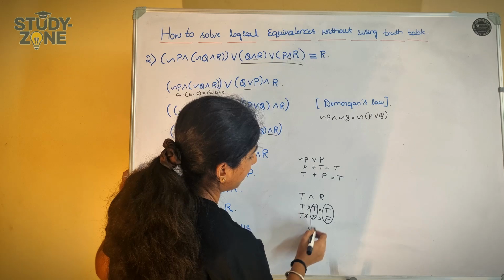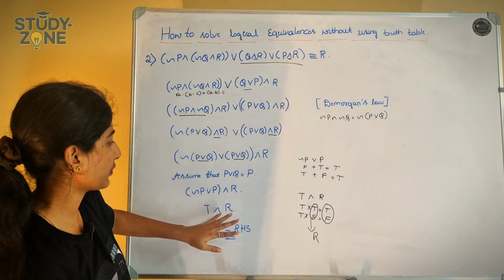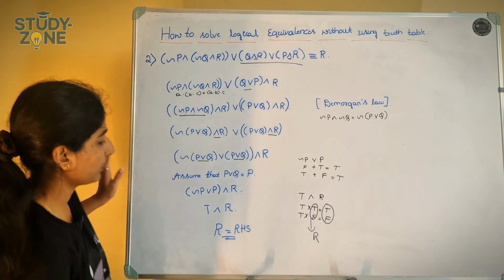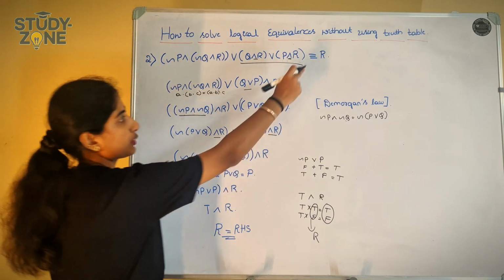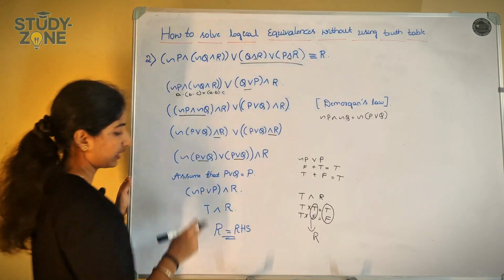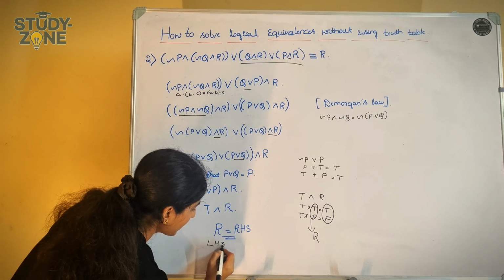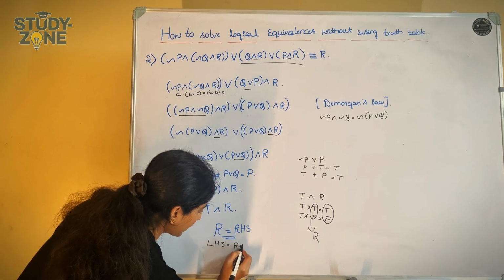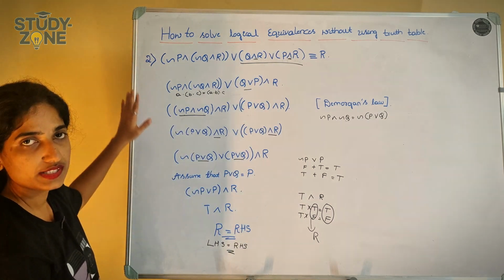So the result is completely dependent on R, right? So here we can substitute this true and R with R. So now look at the RHS part. The answer is R. So here LHS is equal to RHS. Hence the proof. So this is the solution for the second problem.